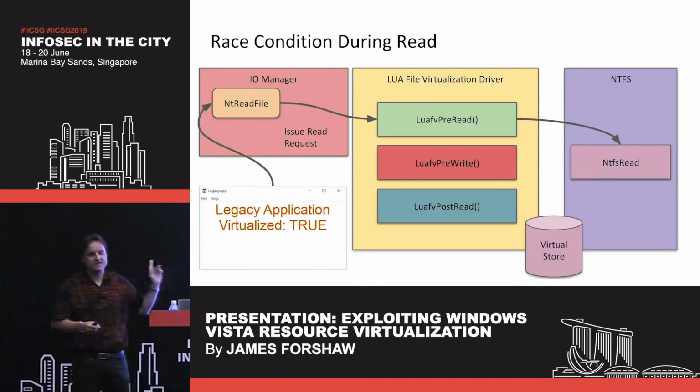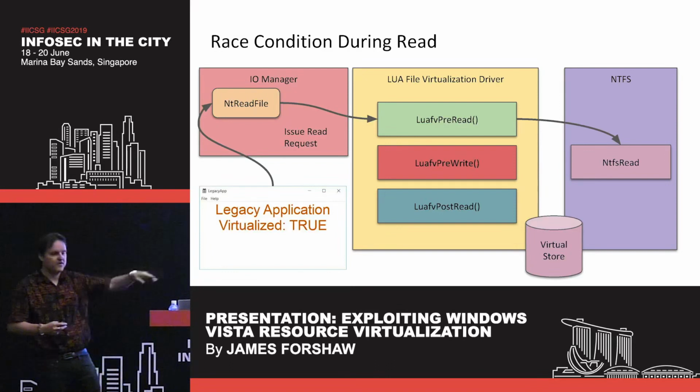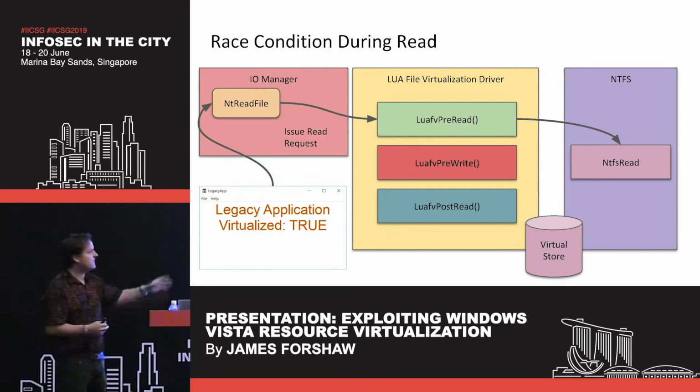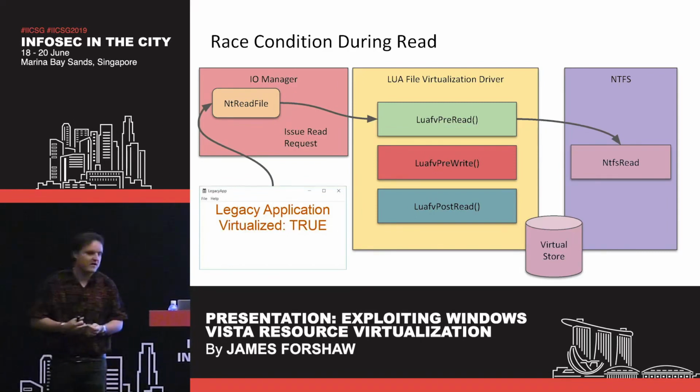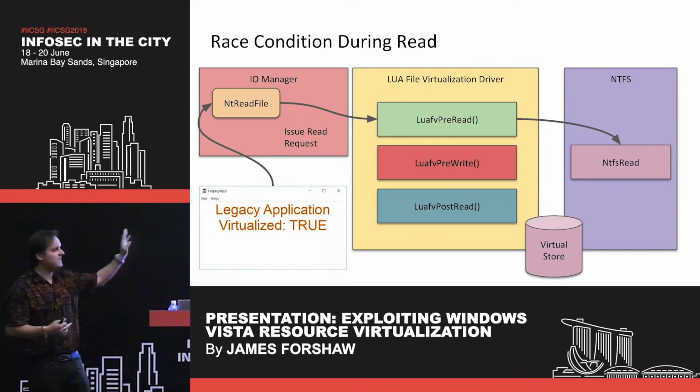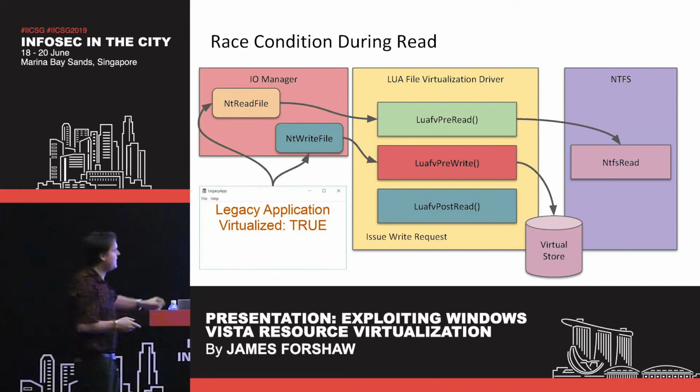And it turns out there's a race condition in that read operation because when you issue a read, of course it goes into the NTFS file system, and of course the file virtualization driver can't do any real locking here or can't synchronize the file requests. So while in NTFS we're still performing our read, and bearing in mind at this point the filter has set this context pointer to the read-only file, the real file, if we come along and write to that file, it's going to virtualize it.